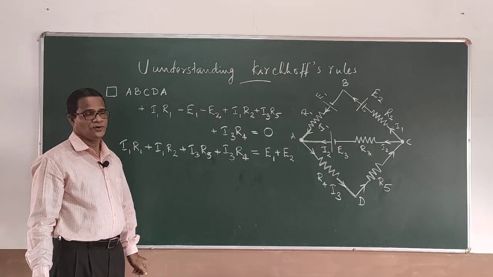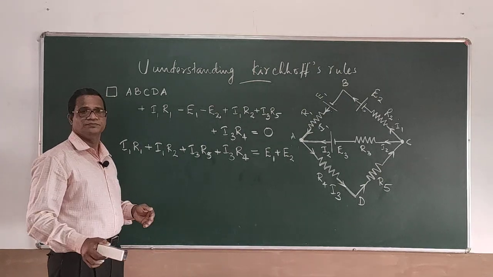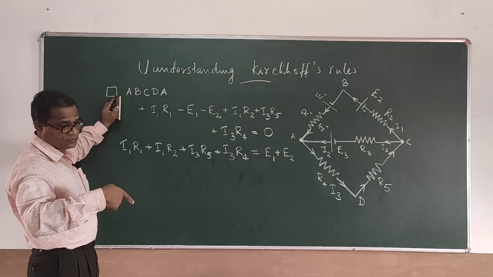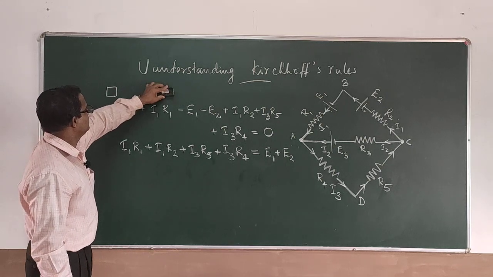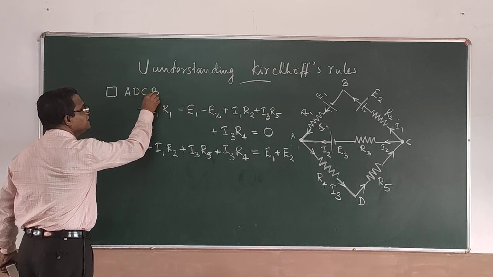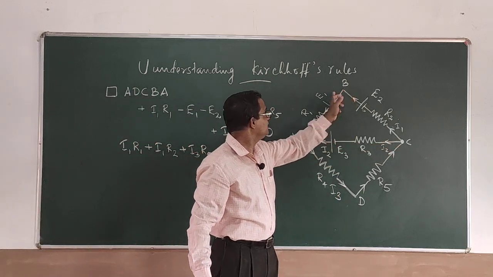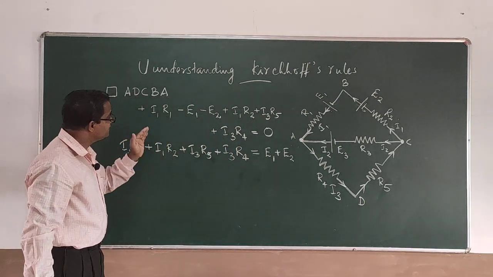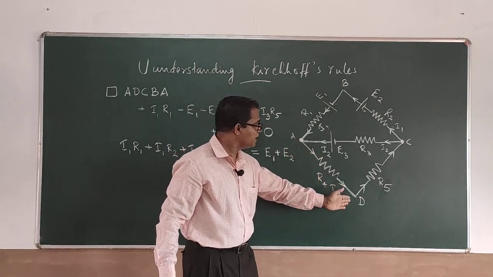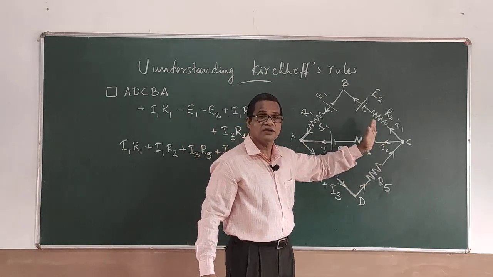Understood? Okay. Now, if somebody is taking the reverse order, the reverse order format will be A, B, C, B, A. You can see the change here itself. When I take from A to B, following the direction of flow of current, in all this you are flowing along the direction of flow of current.